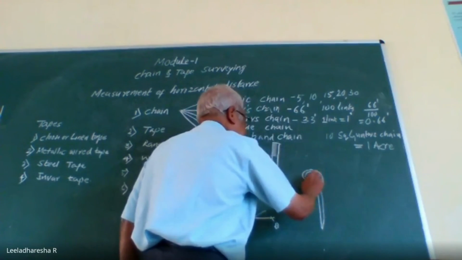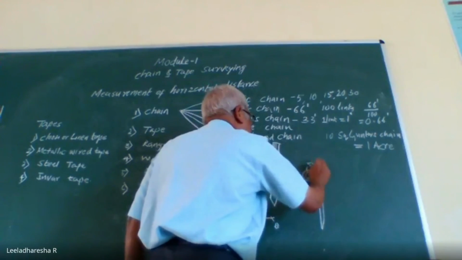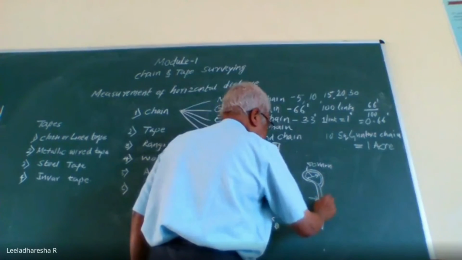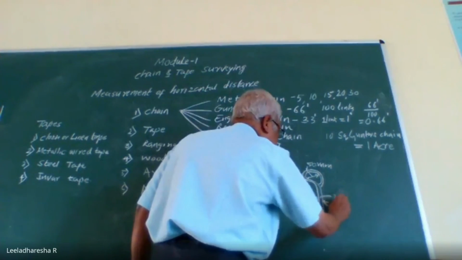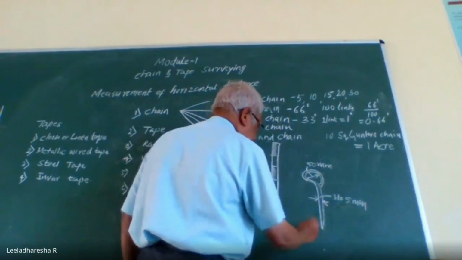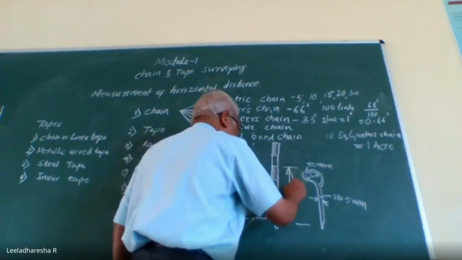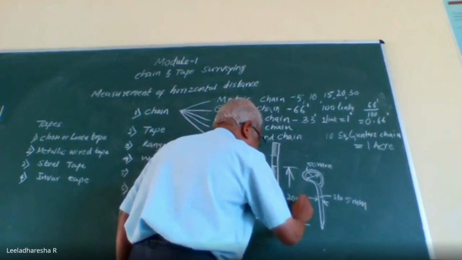Generally, this diameter is provided as 50 mm, and normally the thickness of this rod varies from 3 to 5 millimeters, and the height of this arrow will be 20 centimeters or 200 millimeters.